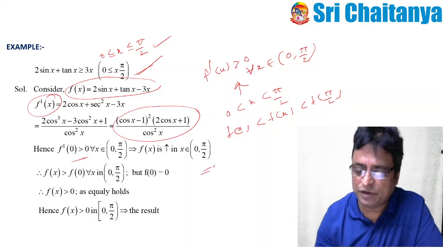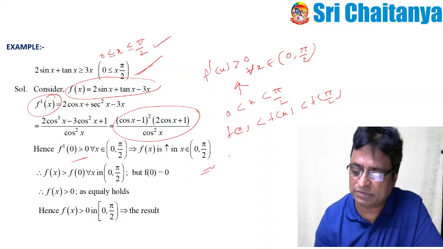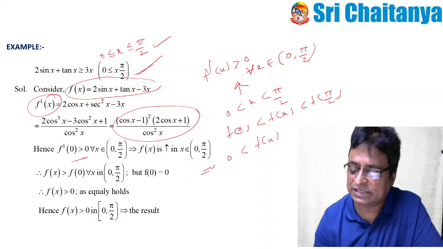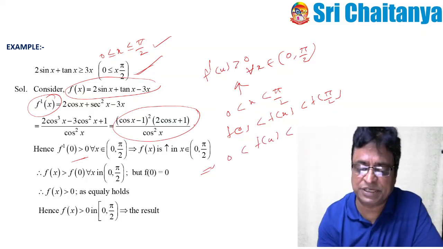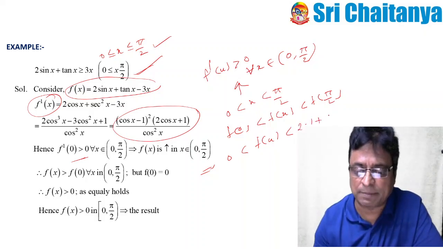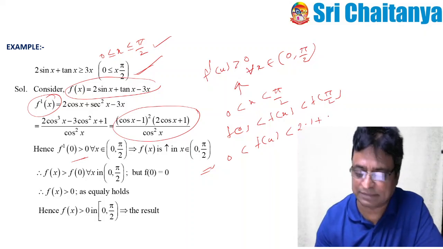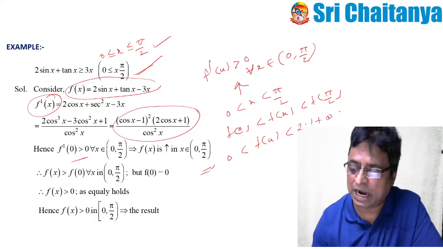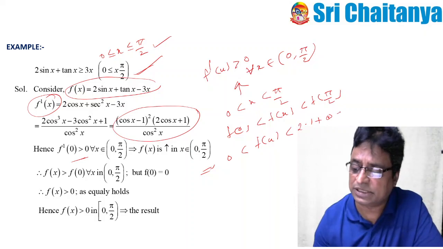So what is f(0)? You find that value, it becomes 0, which is less than f(x), which is less than f(pi/2). You just substitute that value: 2 into sin(pi/2) is 1, plus tan(pi/2), you can write that as infinity, and that is minus 3pi/2.